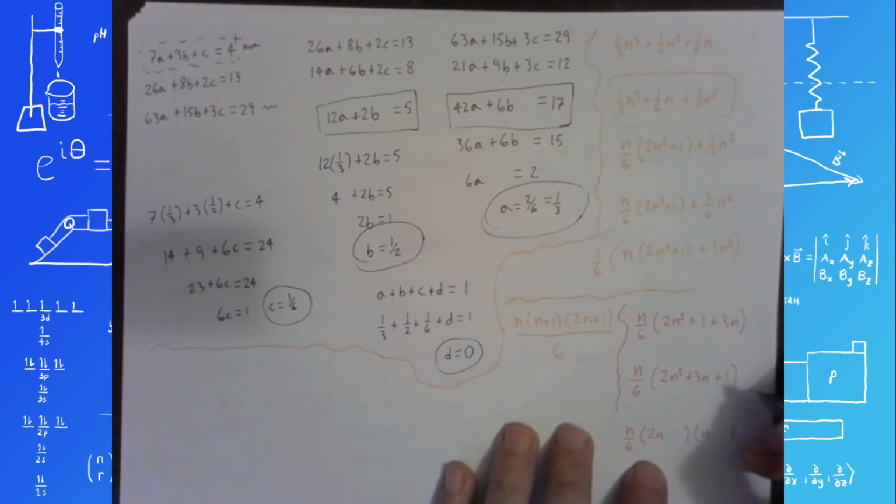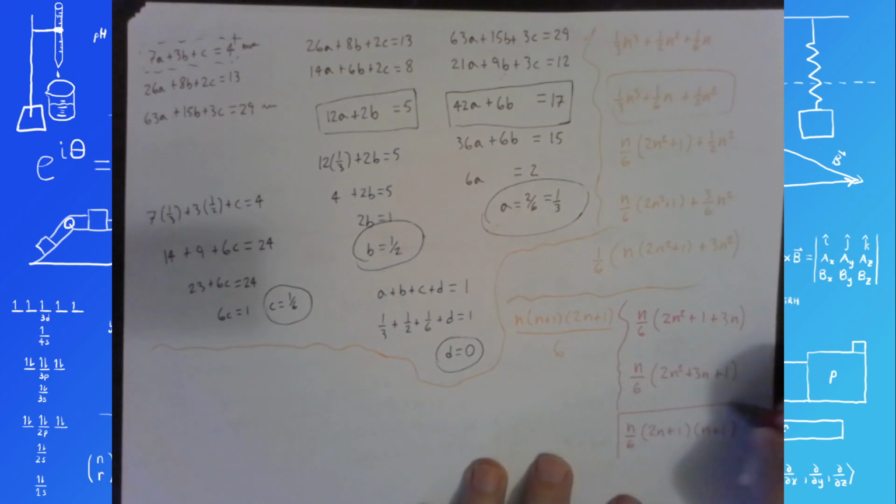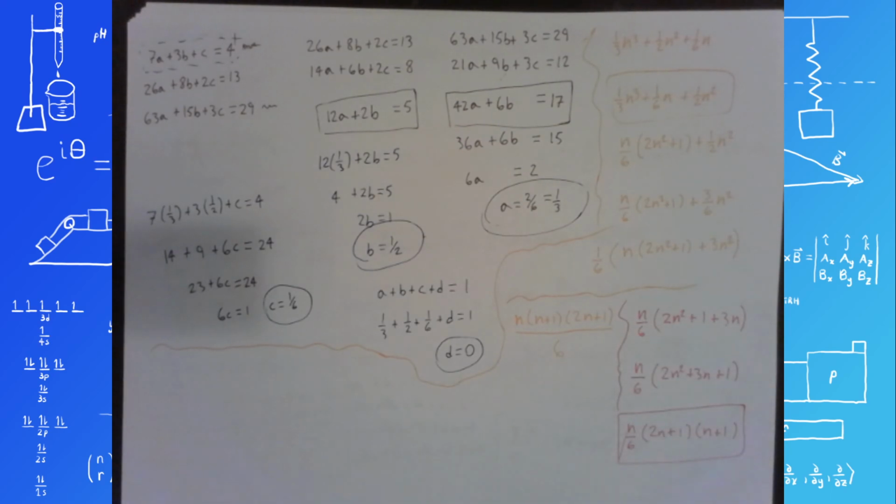Factors of 1 are just 1 and 1, and if I do plus 1 here and plus 1 here, there we go. n times 1 is n plus 2n times 1. That's n plus 2n equals 3n. Okay, we got it. I was only slightly off. I just got a little too ambitious when I saw 2n squared plus 1 coming up. Okay, problem solved. So now we have it.